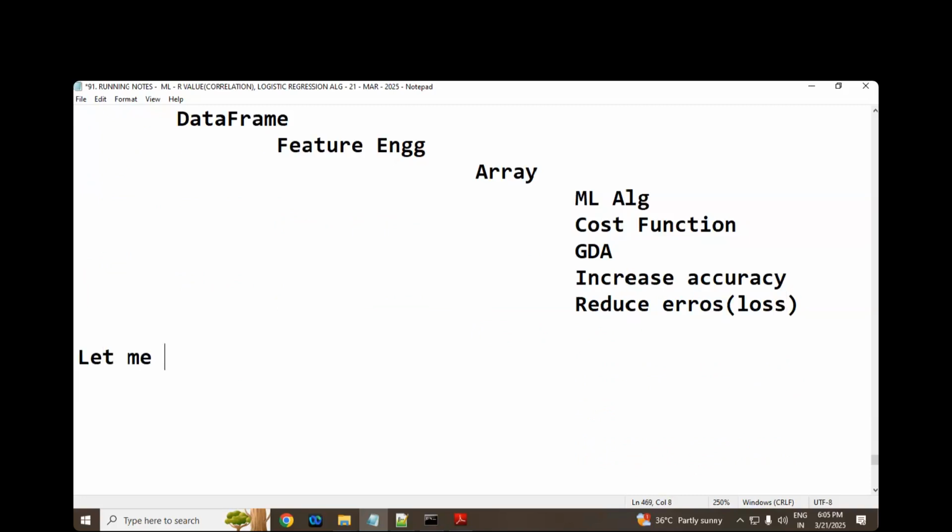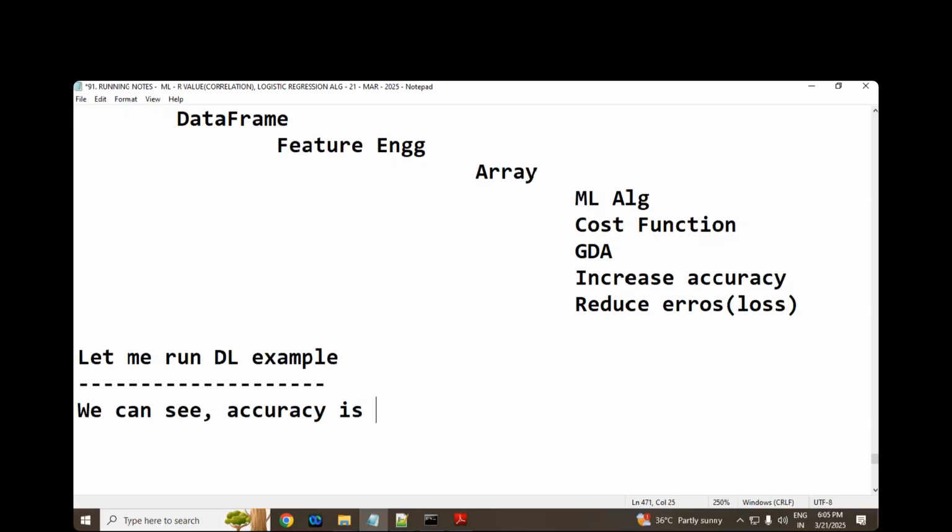Let me run a deep learning example. Deep learning is quite interesting. In the deep learning example, you will get clarity. We can see accuracy is growing. Accuracy is increasing. The next one, error will be reduced. When I say error, loss will be reduced.